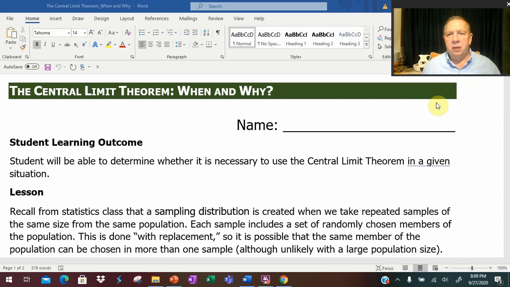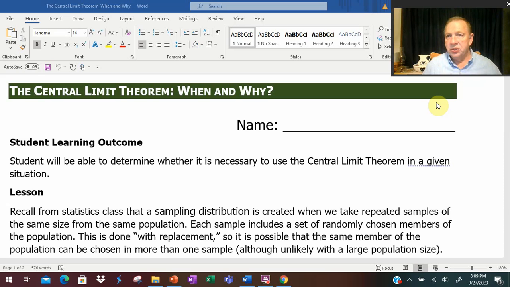And then in other problems, and it's very sneaky, it'll say what's the probability that I take a sample and the mean of the sample is less than a number. So it won't be an individual, it'll be the mean. And that is what the central limit theorem tells us. And this is what this little worksheet is about: identifying when I can apply the central limit theorem.